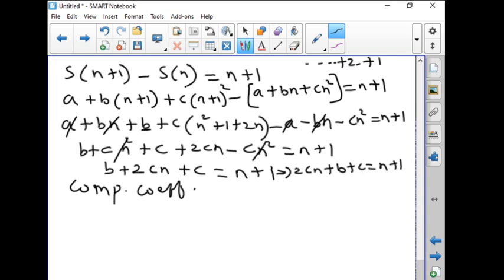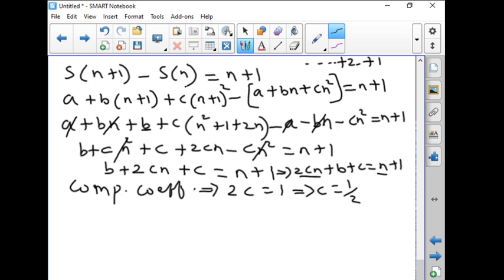So comparing coefficient of n, what do we get? 2c equal to 1, right? Okay, this and this. So what do you get? c is equal to 1 by 2.